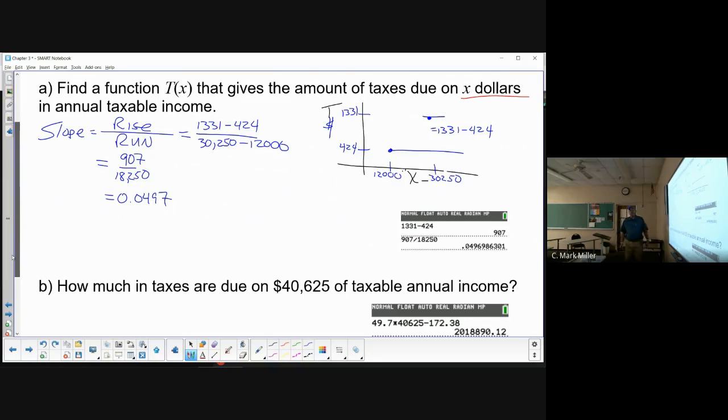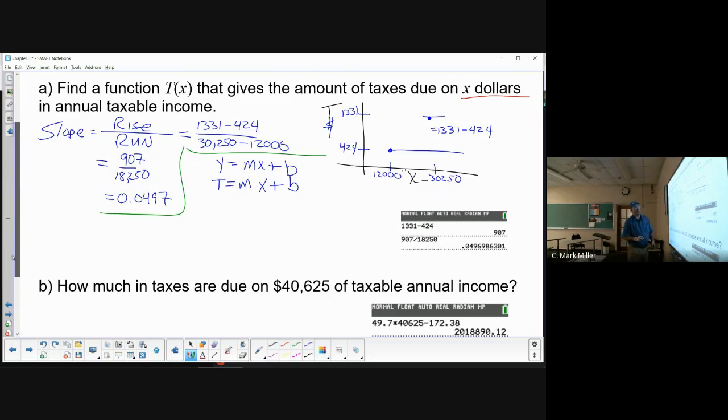So now I can use either my point slope formula, or I can use the other technique that we talked about. The other technique was you start with y equals mx plus b, or in this case, t equals mx plus b.